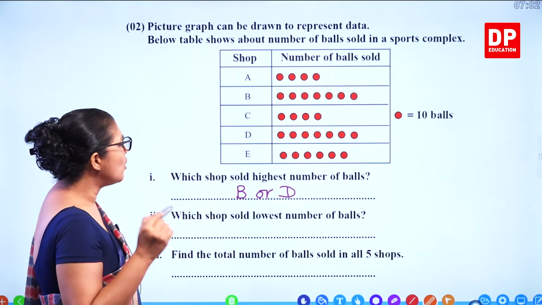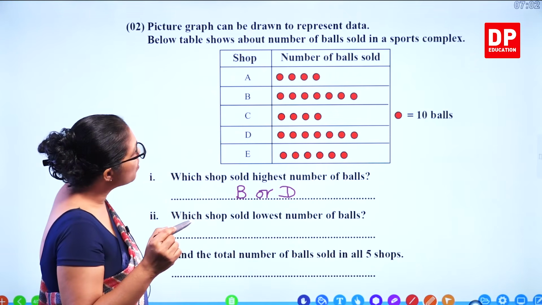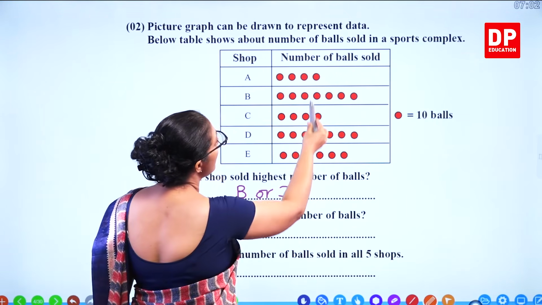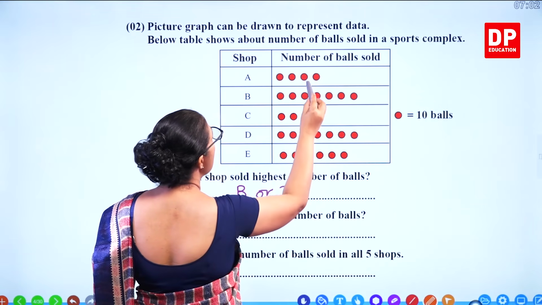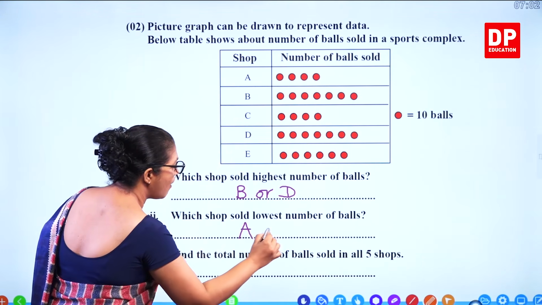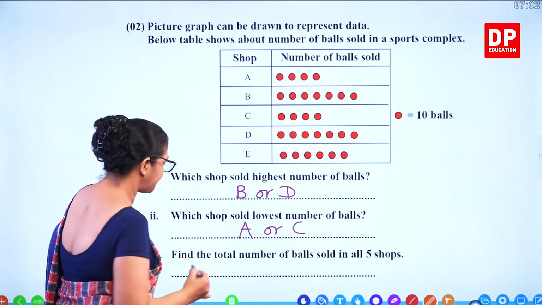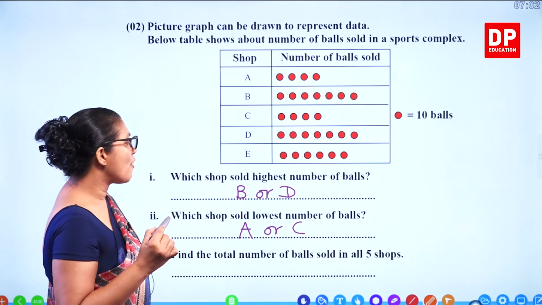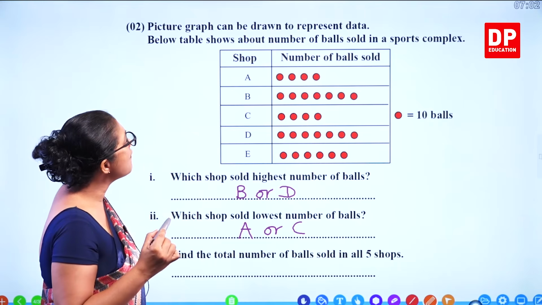Which shop sold the lowest number of balls? Which one is the lowest? When you look at the picture graph, either A or C is the lowest. A or C. Find the total number of balls sold in all 5 shops.